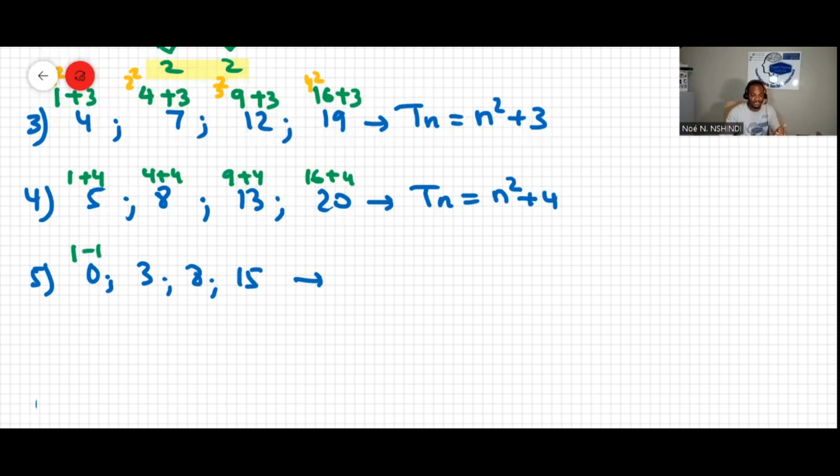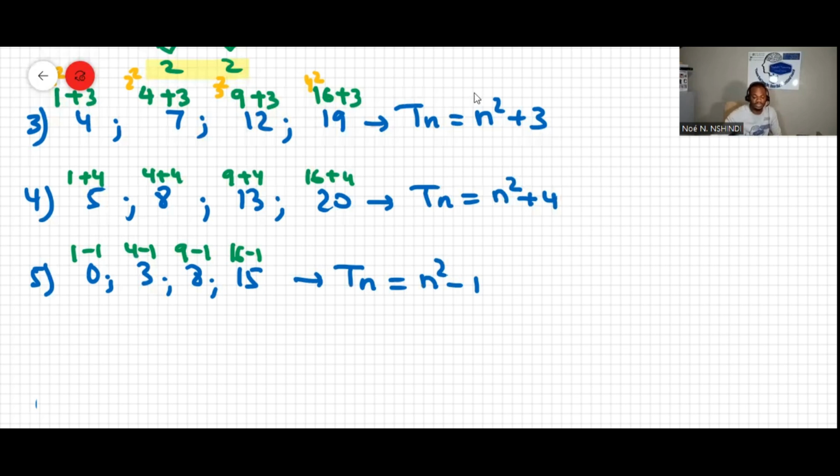The next square number is 4. After 1, it's 4. To get 3, minus 1. The next square number is 9. To get 8, minus 1. The next one is 16 minus 1. So this makes Tn equal to n squared minus 1. Okay, thank you. So on and so forth.